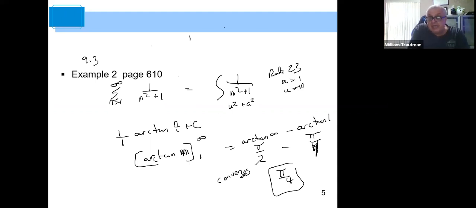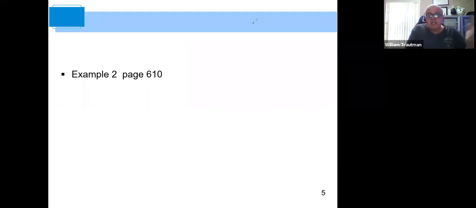So since we got a number there, this converges to pi over 4. So we did one each, one that diverges and one that converges. But it's the same process: make sure it's continuous, make sure there's no holes in it, make sure that it's decreasing.